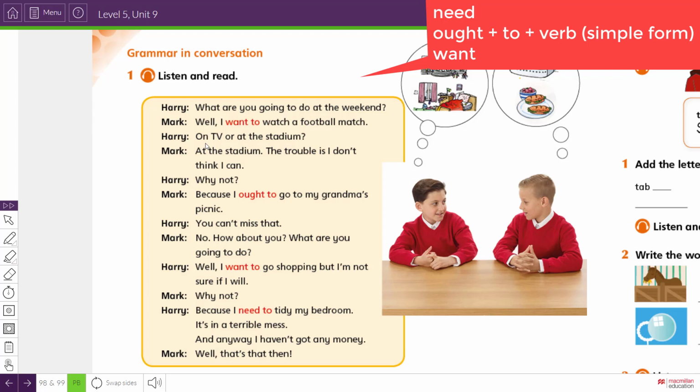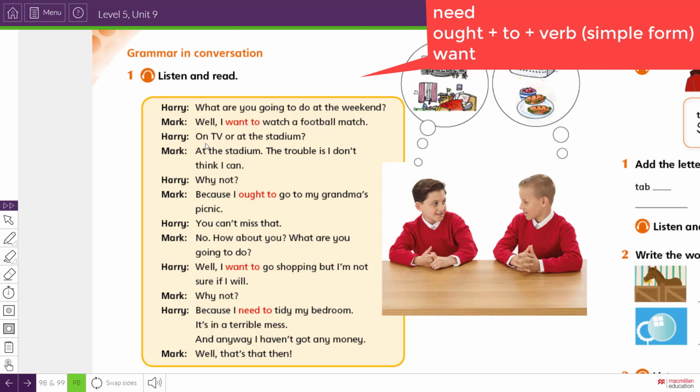So, need to represents necessity. Okay? And want to represents desire. When I say I'm free today, I want to play.